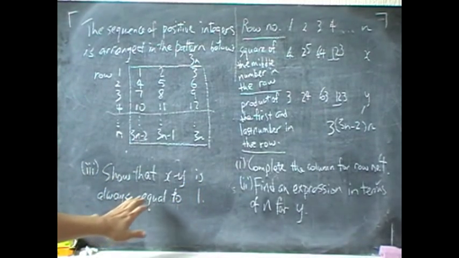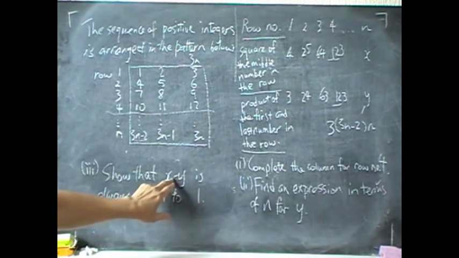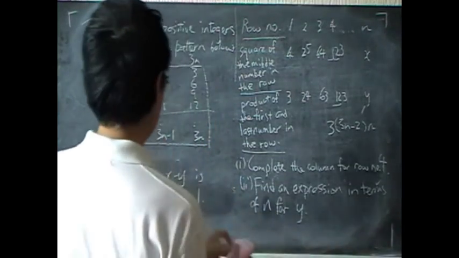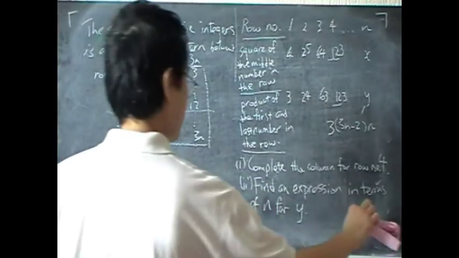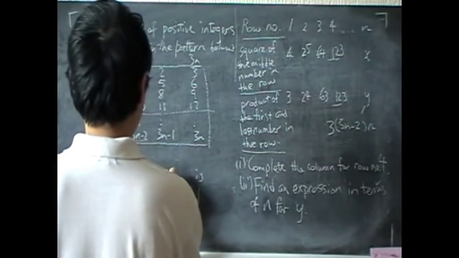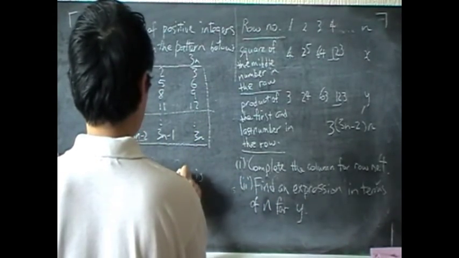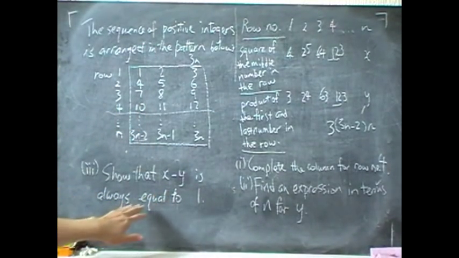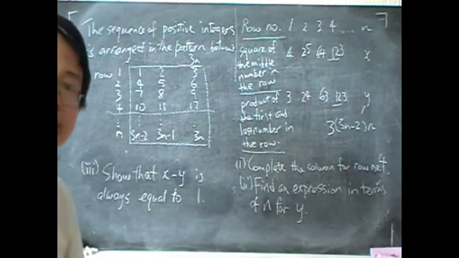Show that x minus y is always equal to 1.